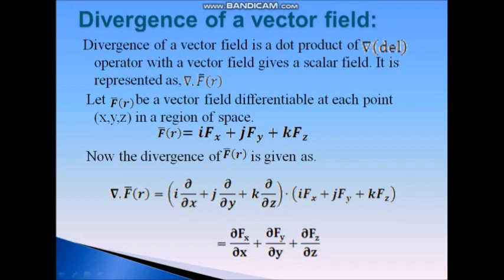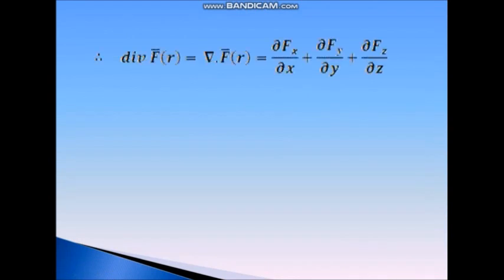This represents the div F bar of r is equal to dou F of x by dou x plus dou F of y by dou y plus dou F of z by dou z.